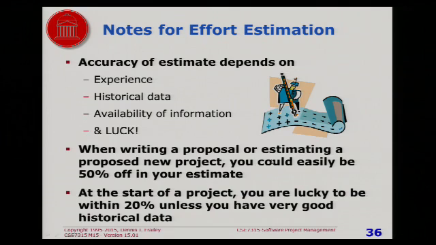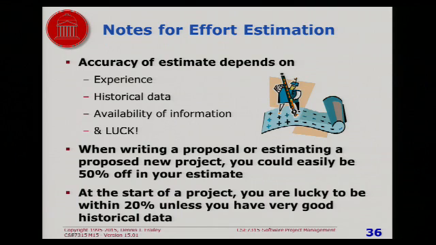When you're writing a proposal or estimating a new project, it's very common to be at least 50% off. There's just too much you don't know. Now you try to know as much as you can, and you don't have to be 50% off, but it's not unusual to be 50% off. At the start of a project, after you've won the contract and settled on all the details and know a lot more than you did when you wrote your proposal, you can still be 20% off very readily.